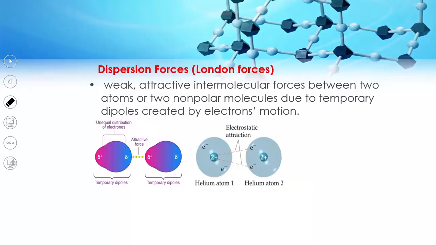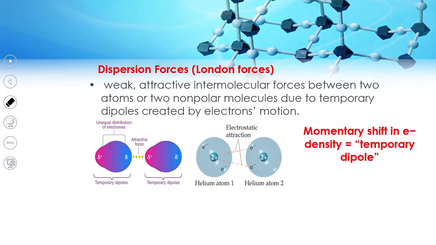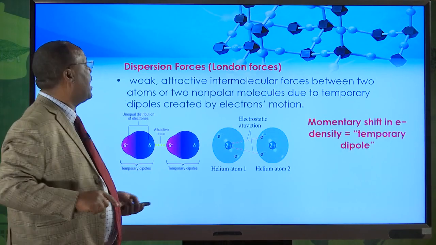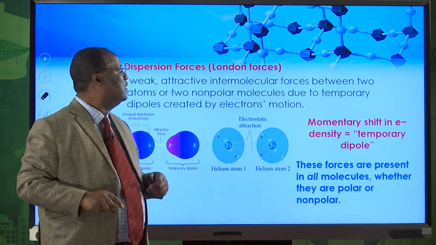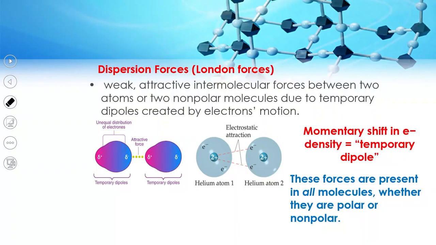This type of force of attraction is what you call dispersion force. This is the momentary shift in electron density attaining a temporary dipole. These forces are present in all molecules, whether they are nonpolar or polar.